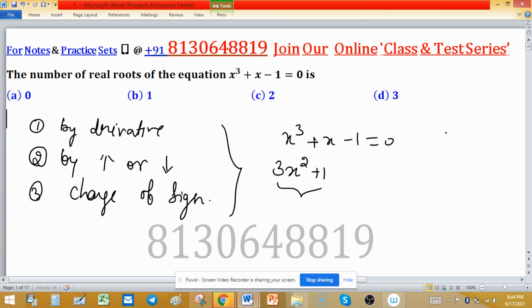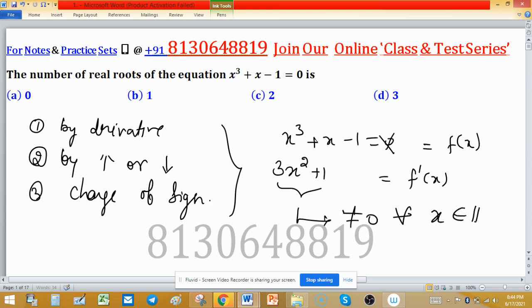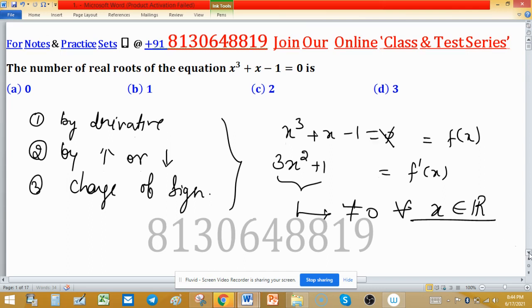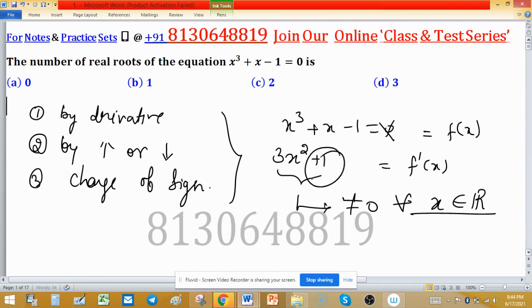If I call this a function of x, f(x), then its derivative f dash x is calculated as 3x square plus 1, and this derivative is never 0 for all x which are real. This is always a positive quantity and this is always a positive quantity, so the sum of two positive quantities is again positive, so anyhow we cannot get 0.